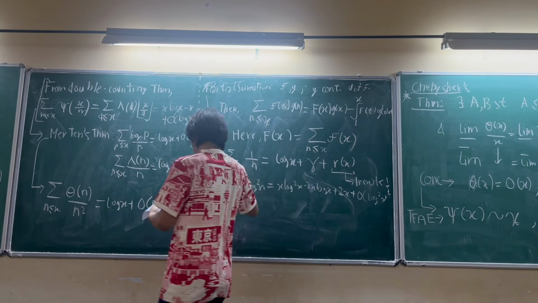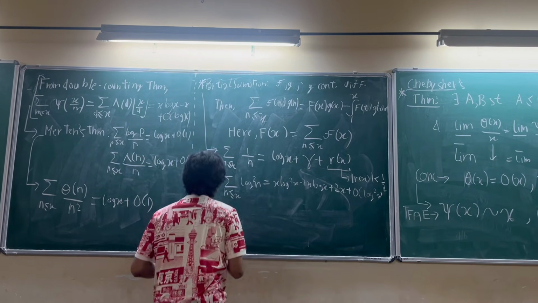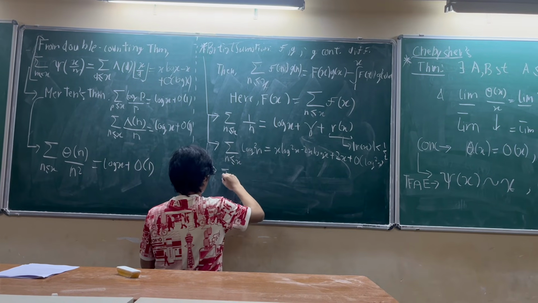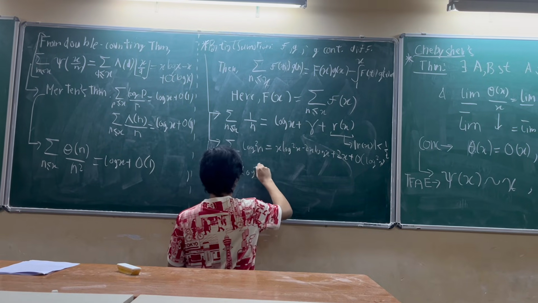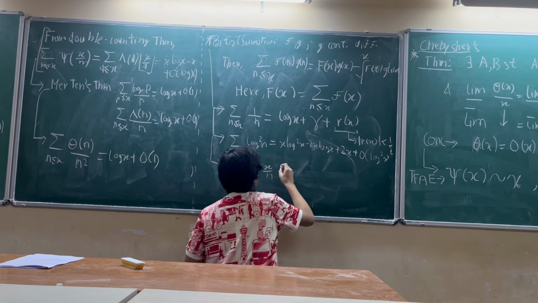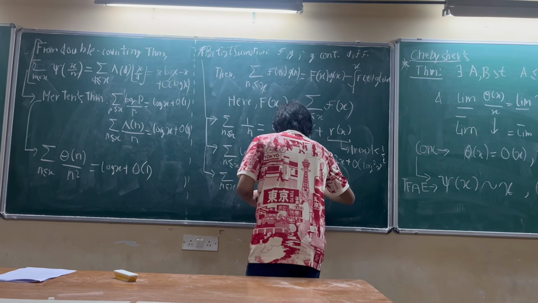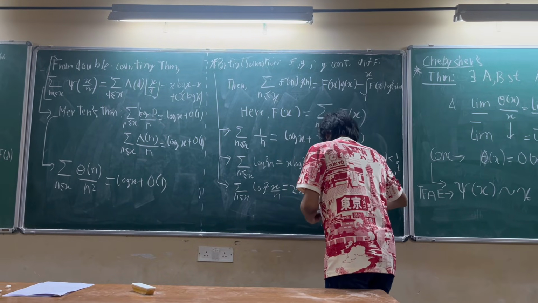This is our second result. The third one is summation n less than equal to x of log square of x by n is equal to 2x plus order of log square x.